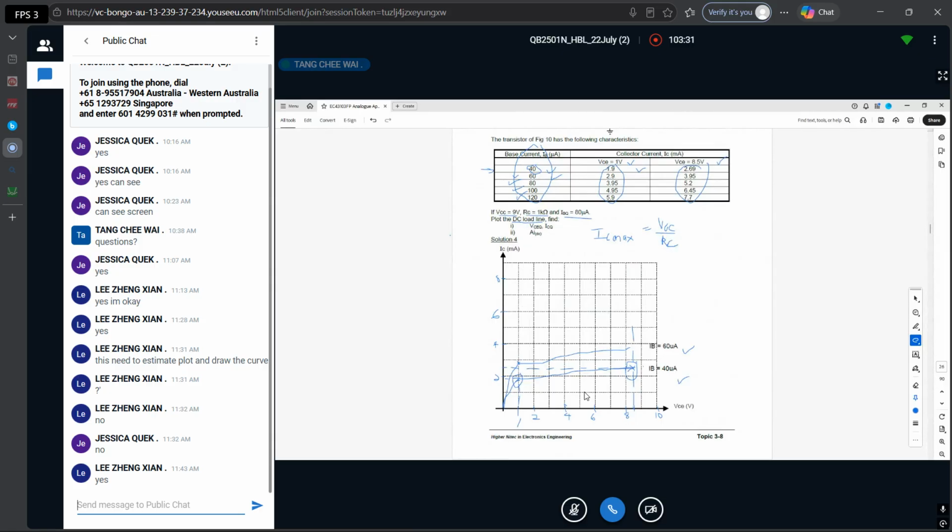Can someone do me a favor? Can you take 9 volts, because VCC is given as 9 volts, and divide by 1K ohm?